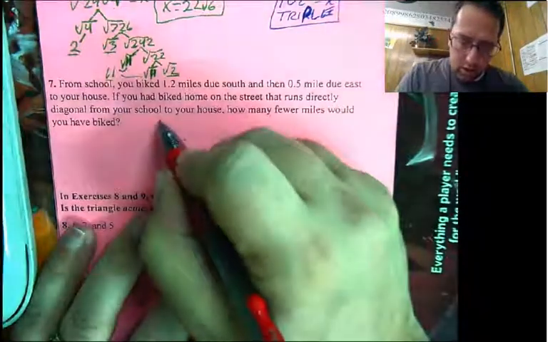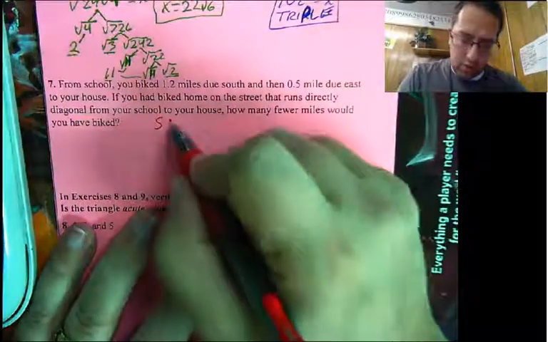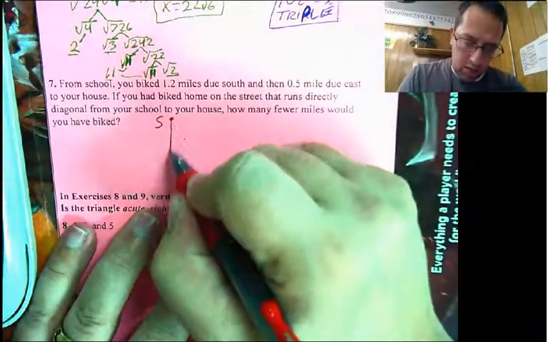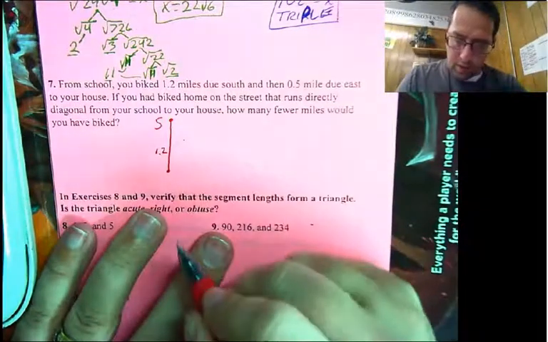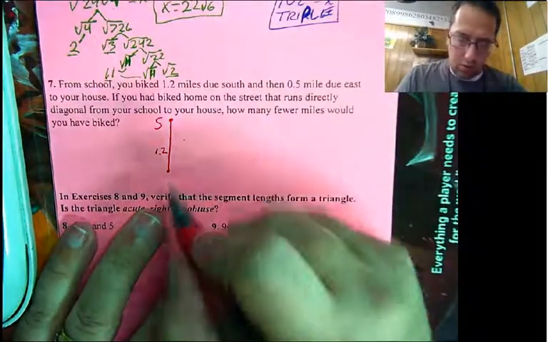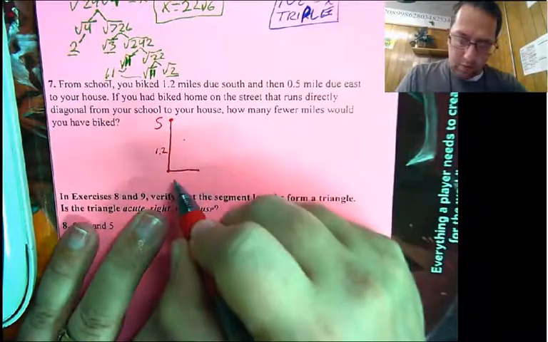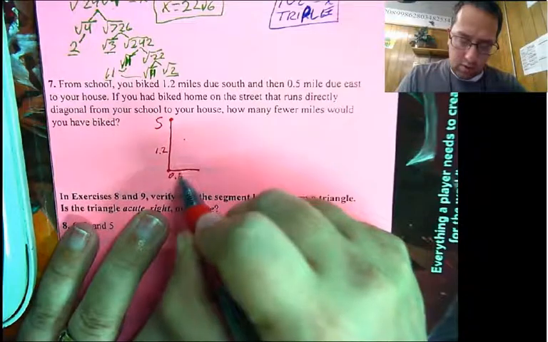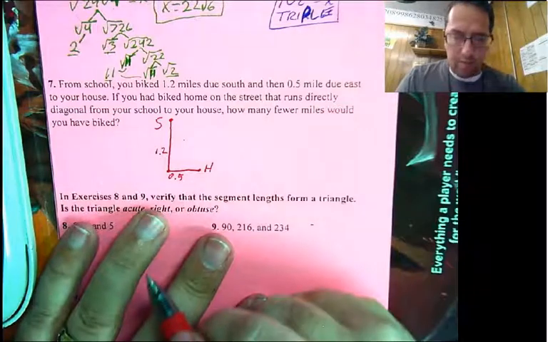So let's see, we were at school right here. We went due south, so straight down 1.2 miles. Then we turned due east, which would be this way, for 0.5 miles. And we arrived right here at home.